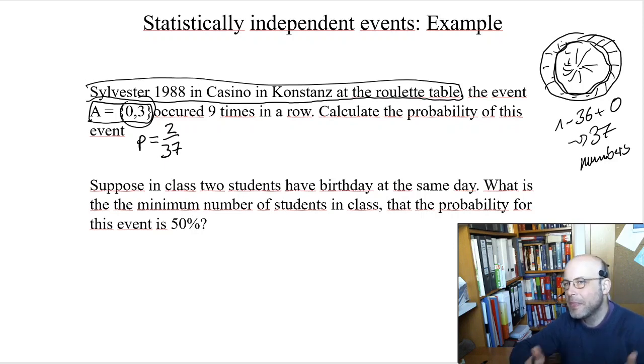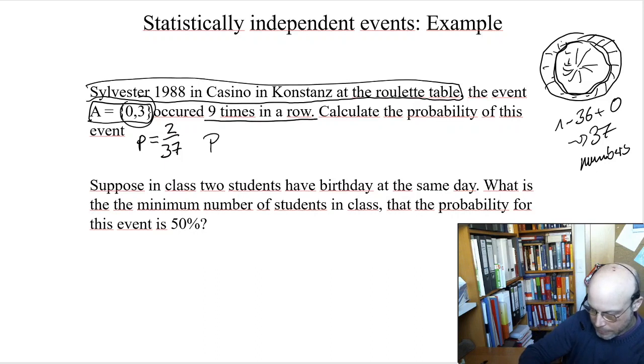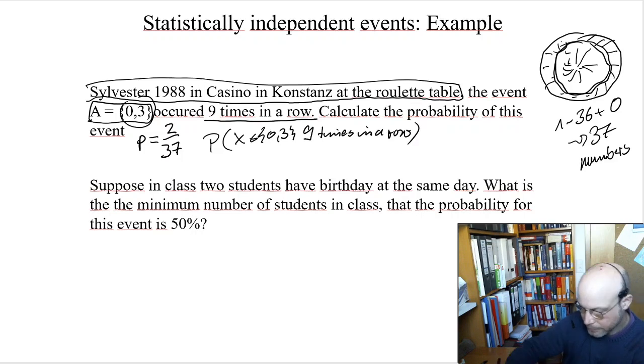And what is then the probability if this happens, 3 or 0, 9 times in a row? So P of x element of {0, 3}, 9 times in a row.